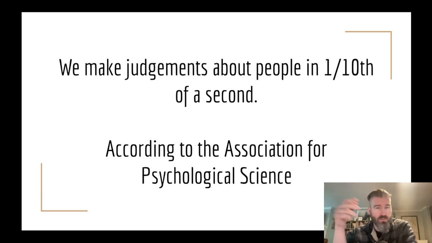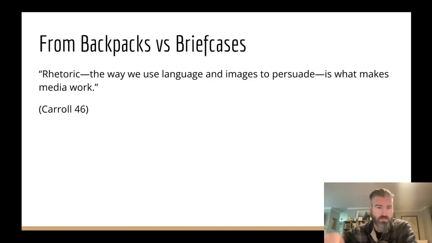So you could think about the first time you saw me, or the first time you saw a friend, or not a family member probably, but a partner or something like that, what your judgment was, what your assumptions were. Maybe that changed over time, but you had that first impression or judgment about a person. And the same thing happens with a text.